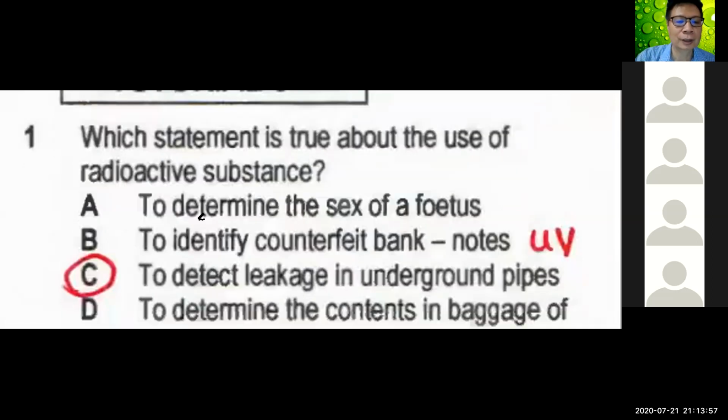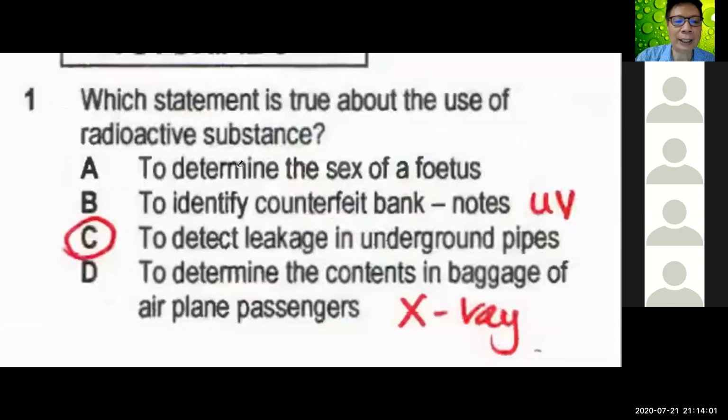The rest you jot down. Identify counterfeit banknotes, this one is ultraviolet. To determine the contents in package of airplane passenger, this one you X-ray. Detect leakage of underground pipe using sodium 24. Remember or not? Using beta. Okay, number 1 done.